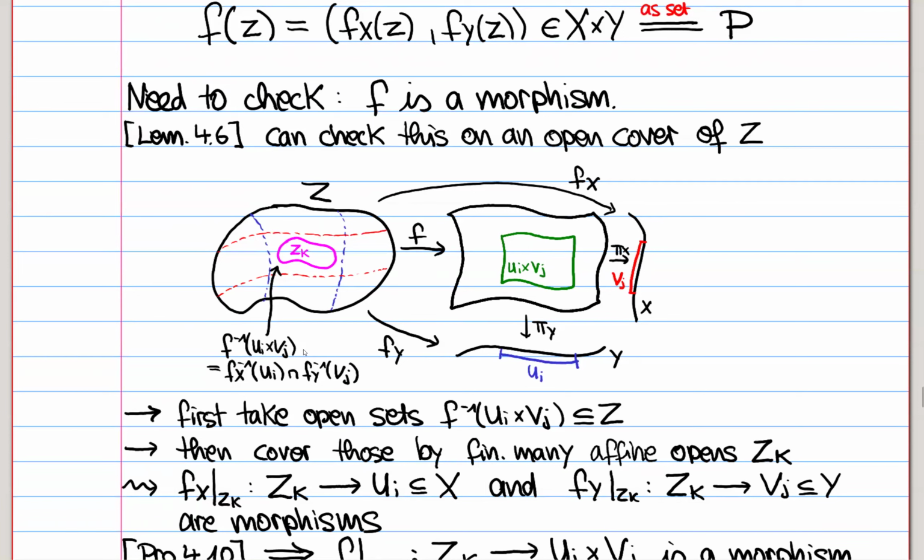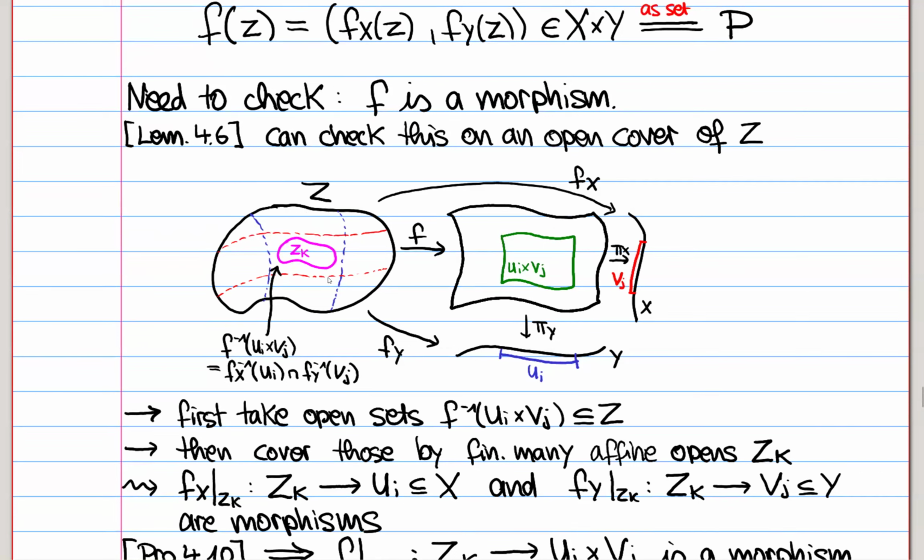And so this just means that the inverse image of U_i cross V_j is just this intersection of these two things. And now since f_X and f_Y are morphisms, they're in particular continuous. So this thing is open, this thing is open. So this region here is an open sub-pre-variety of Z.